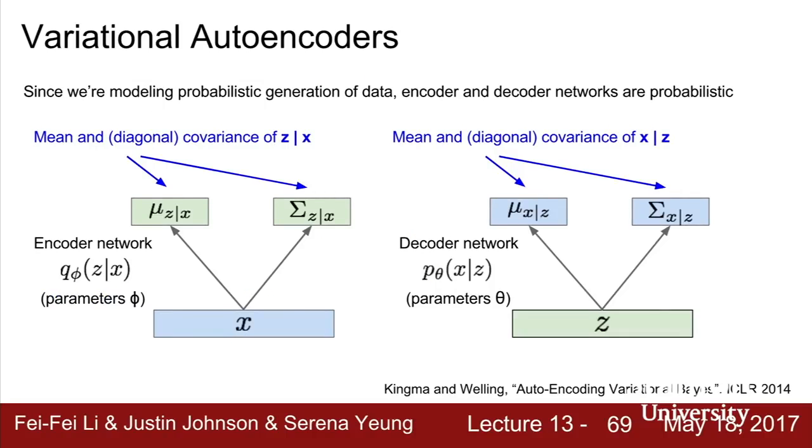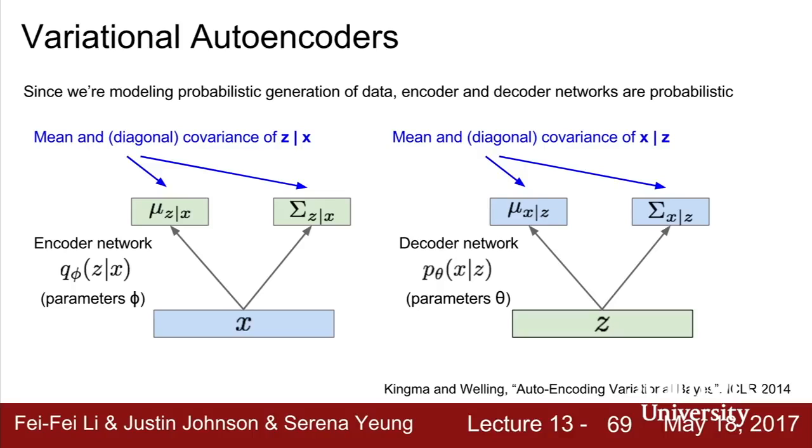OK, so first, just to be a little bit more concrete about these encoder and decoder networks that I just specified, in variational autoencoders, we want to model probabilistic generation of data. Right, so in autoencoders, we already talked about this concept of having an encoder going from input x to some feature z, and a decoder network going from z back out to some image x. And so here we're going to again have an encoder network and a decoder network, but we're going to make these probabilistic.